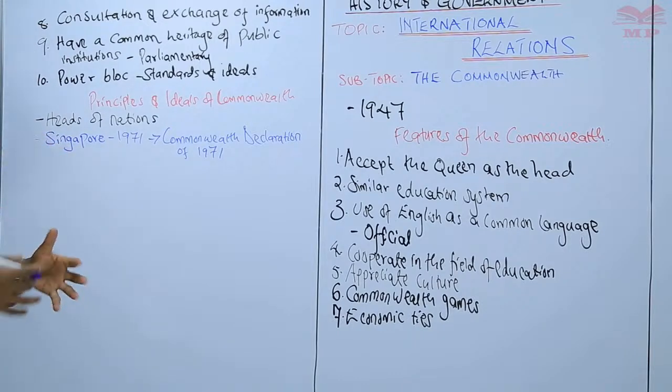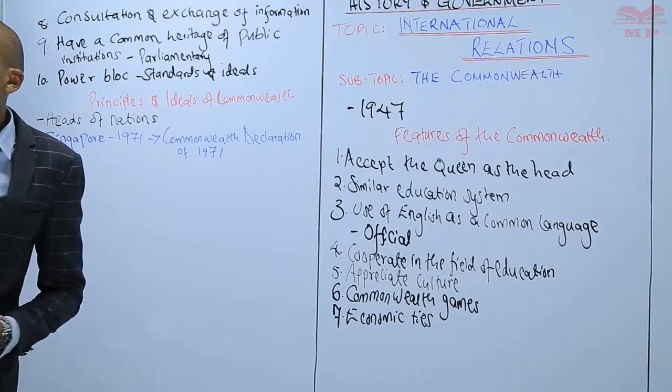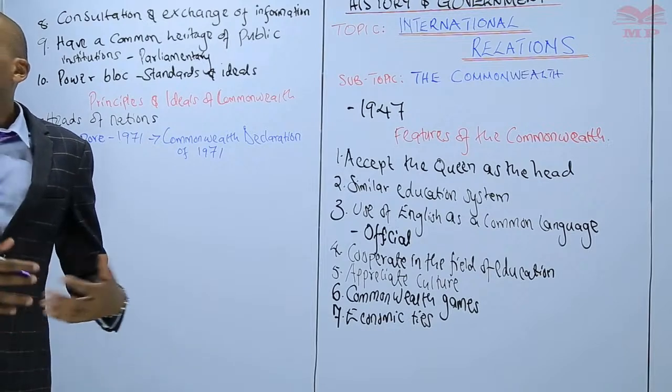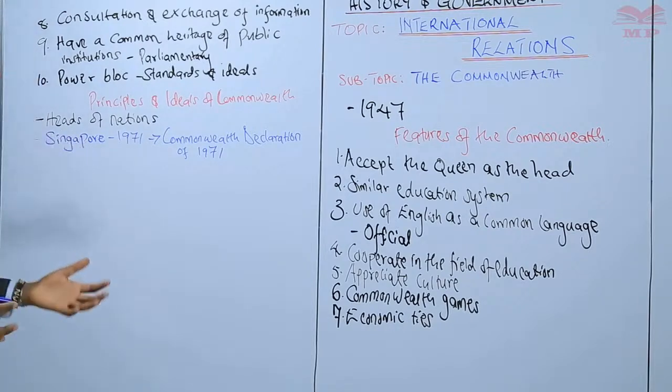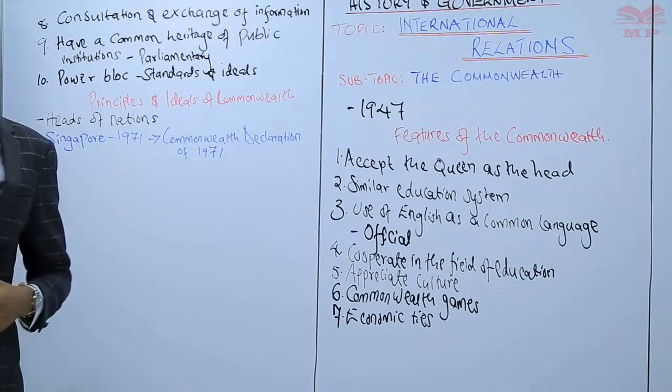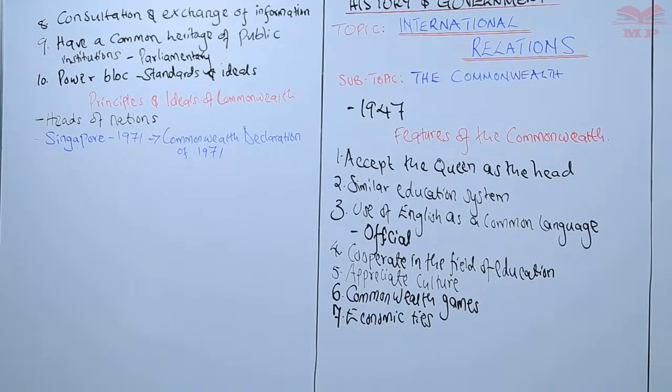So these heads of states, or heads of government, came together and formed a declaration. They pledged several things as their ideals or their principles. These are the declarations that they made.